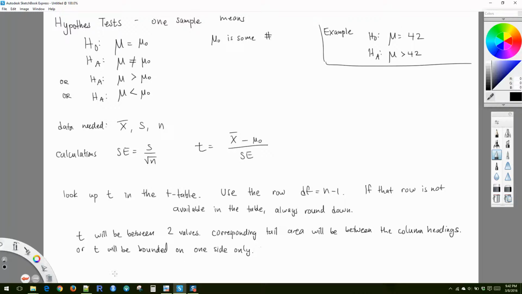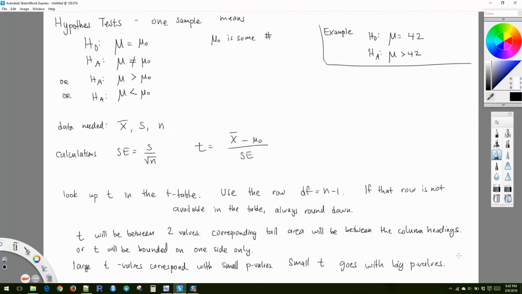Okay, and then just as a sanity check, large t values correspond with small p-values, and small t goes with big p-values.